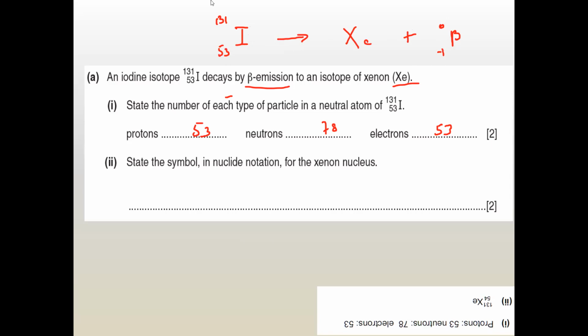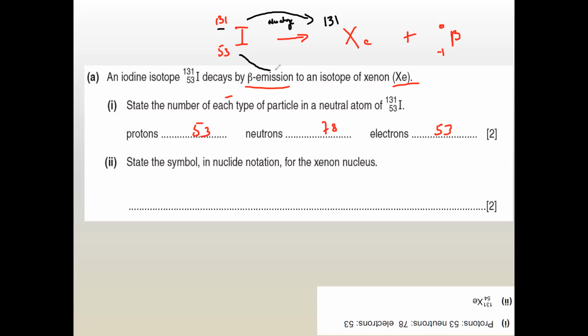Whenever there is a beta emission, what happened? The nucleon number, there is no change. So if it is 131 before, it will remain 131 after. So xenon will have 131.